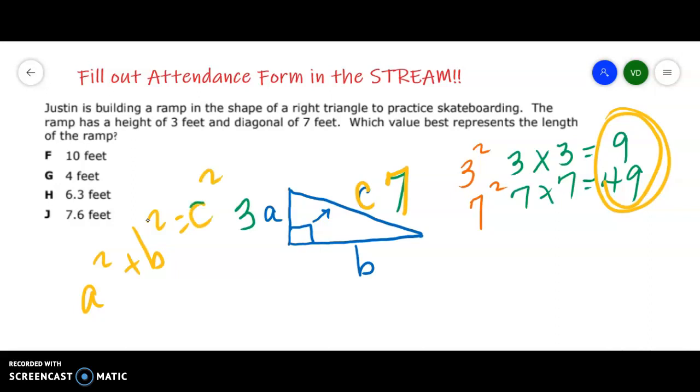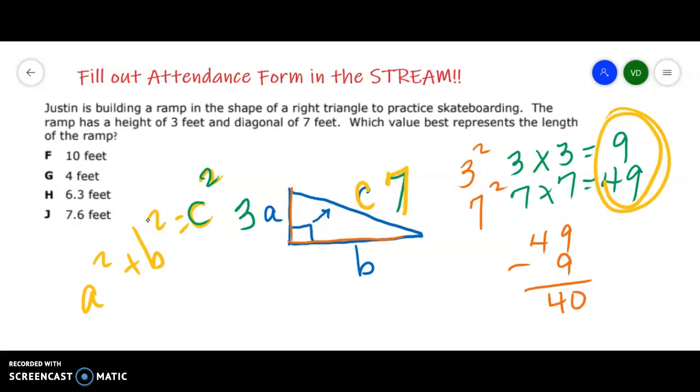If we are given the C, we can automatically find C squared. And so that means we're missing something from the side. That means I'm missing something from here or from here. So I have to subtract. This is the part that we should have done: 49 minus 9.